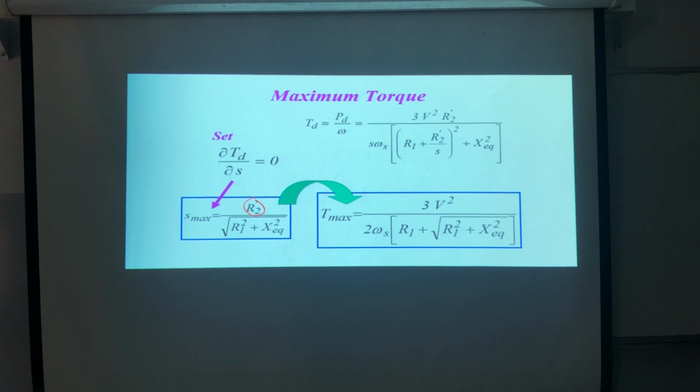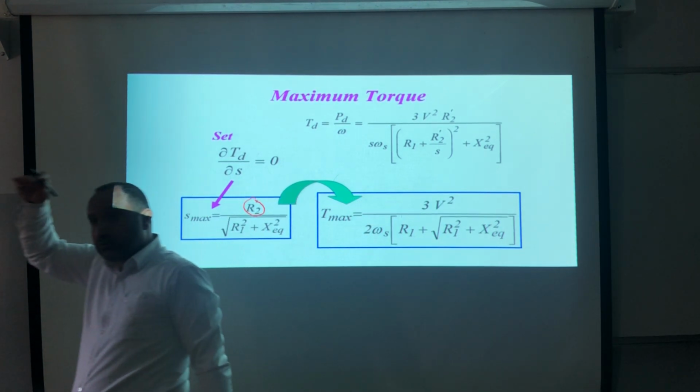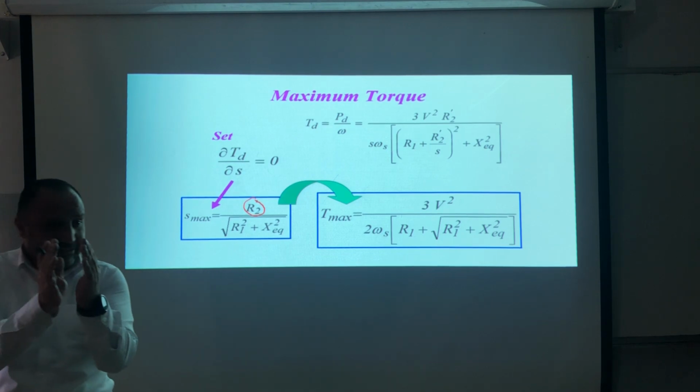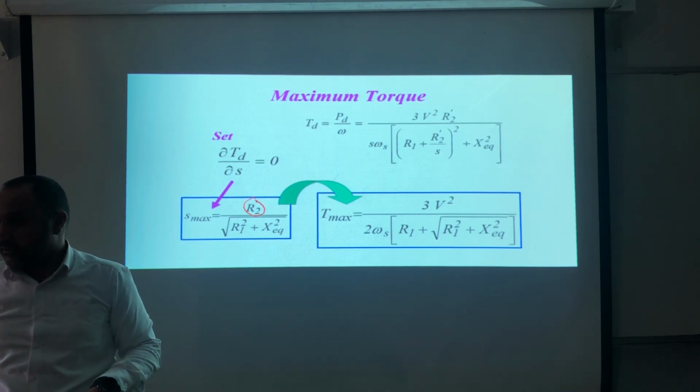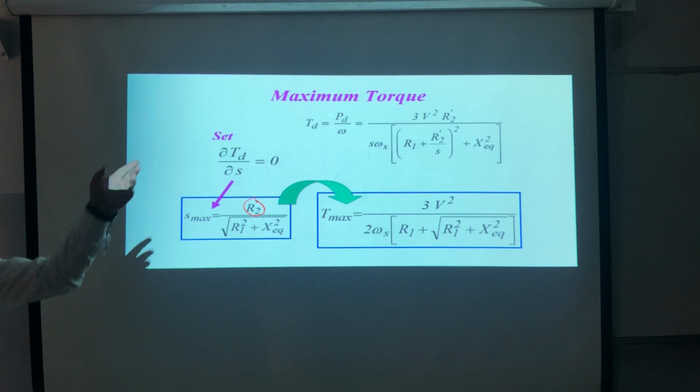So, whatever you are doing, you will never change the maximum torque by changing the rotor resistance. But you can shift the location of the maximum torque. So sometimes I need to design a machine such that the maximum torque is at start.